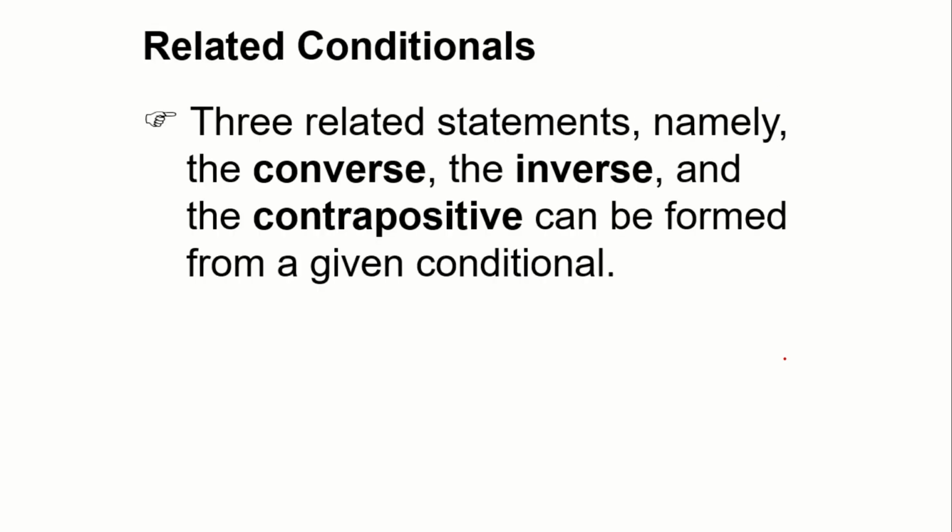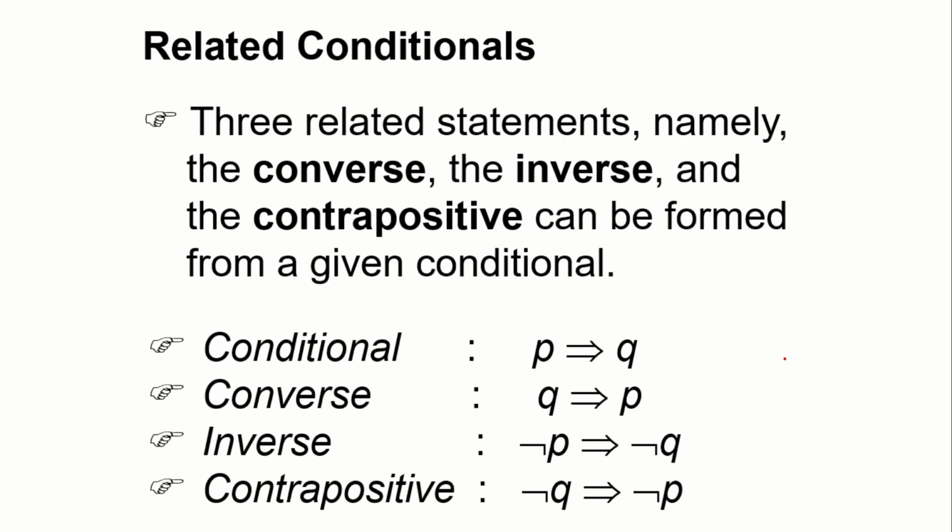Related conditionals. There are 3 related statements, namely converse, inverse, and contrapositive. We're given the conditional if P then Q. The converse is the interchange: the placement of P and Q are changed.